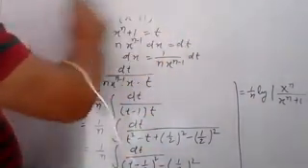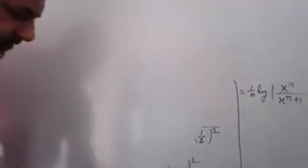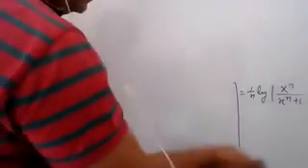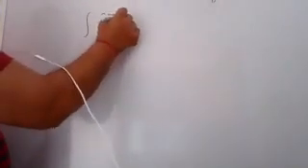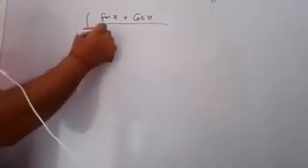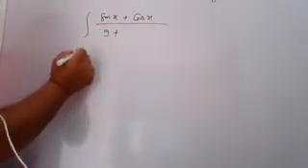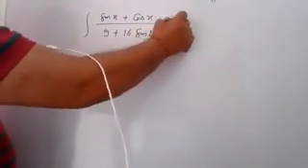The question that I am giving now is quite different, but the process is the same. Now, integration of sin x plus cos x divided by 9 plus 16 sin 2x dx.